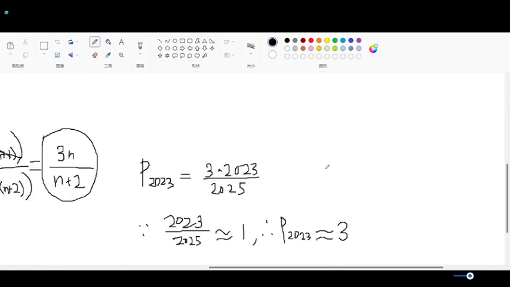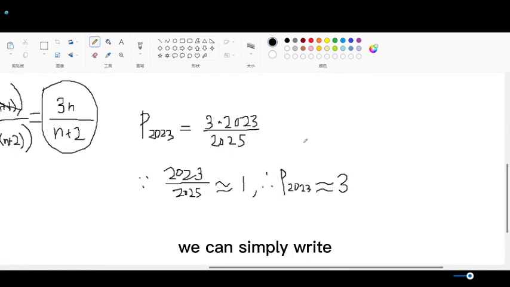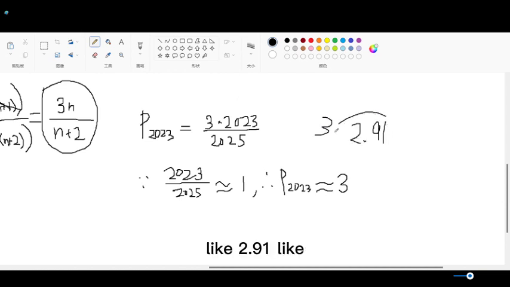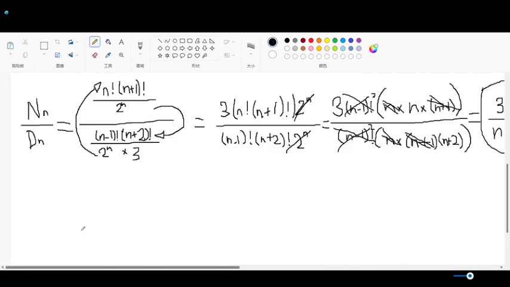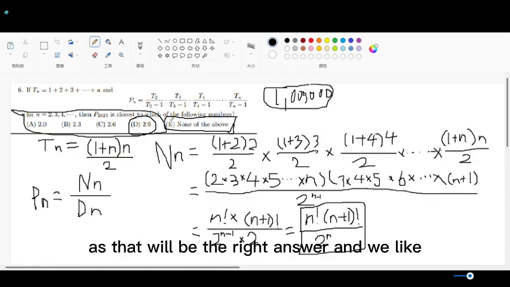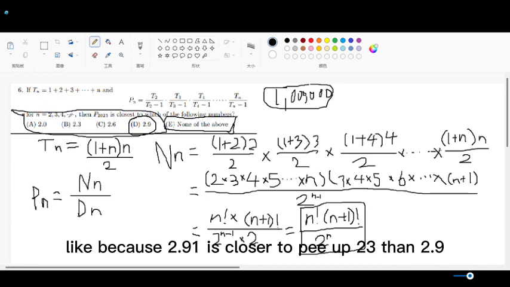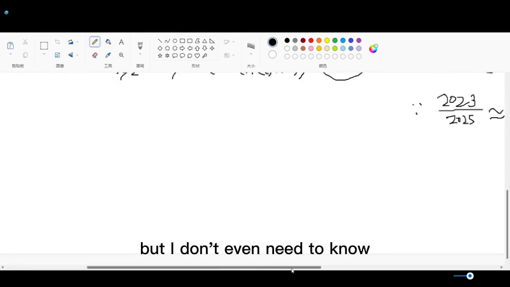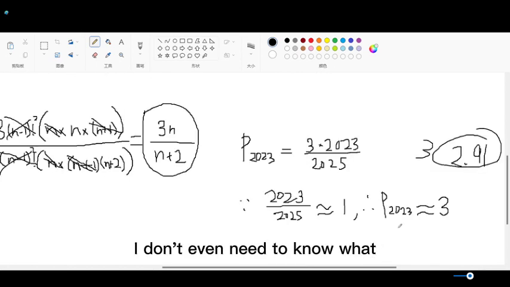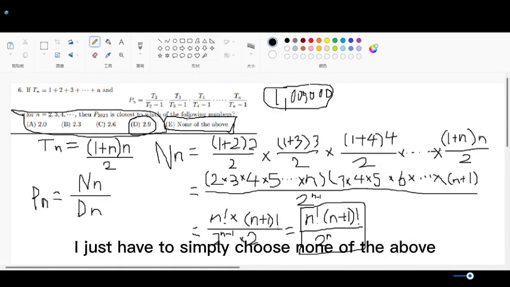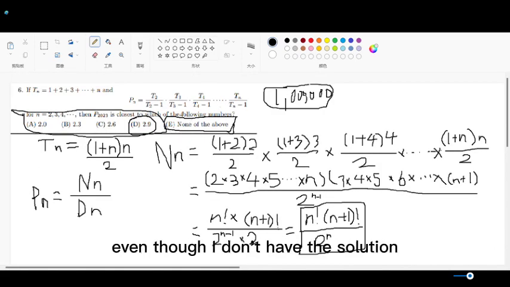Let's just go back to this example. We can simply write 3, or we can simply write 2.91, and that will be the right answer, because 2.91 is closer to P of 2023 than 2.9. But I don't even need to know what 2.91 is, because I just have to simply choose none of the above, and technically I'm right, even though I don't have the solution.